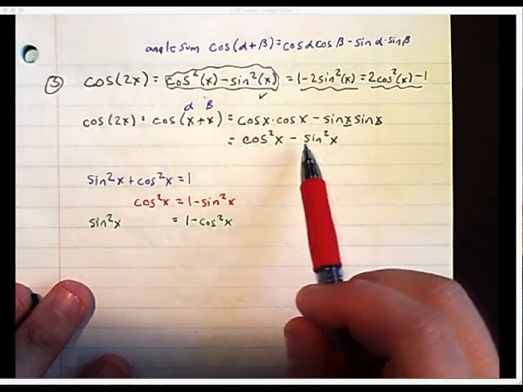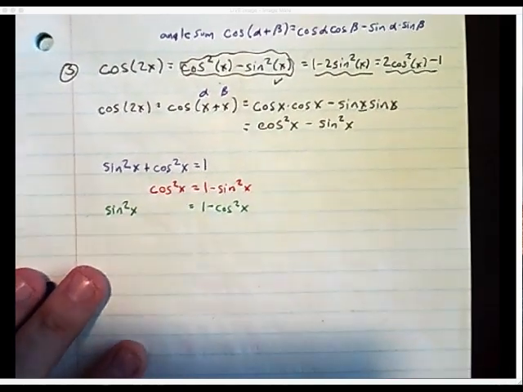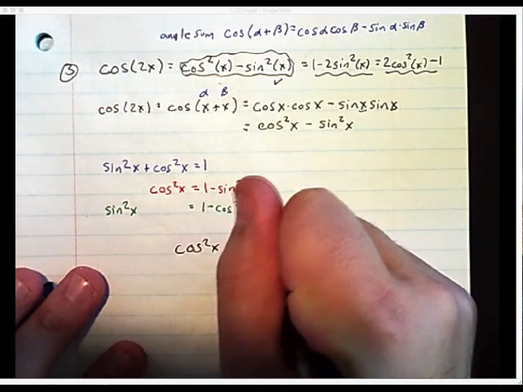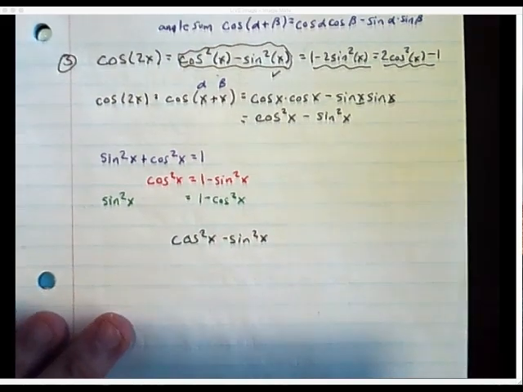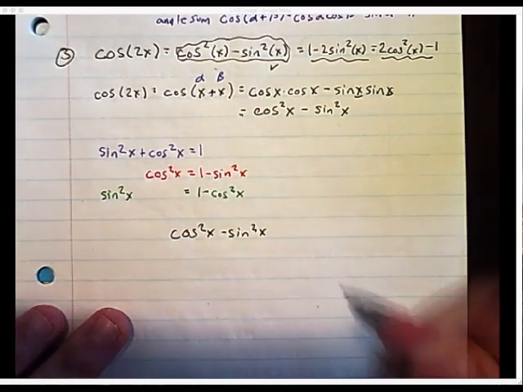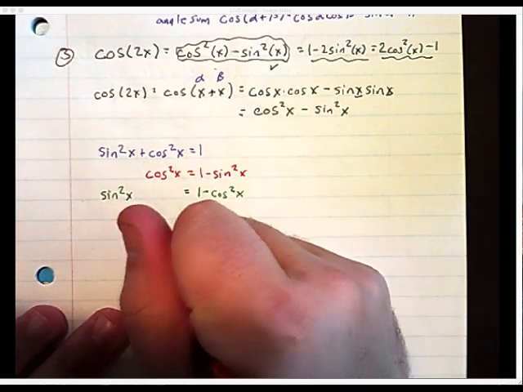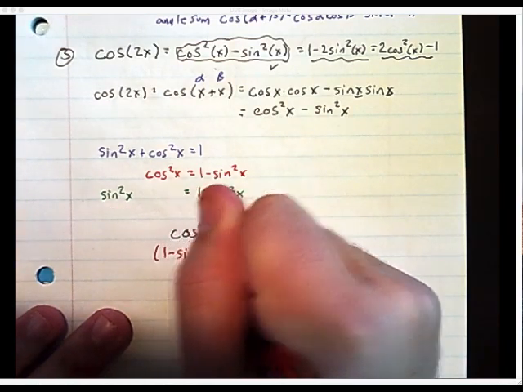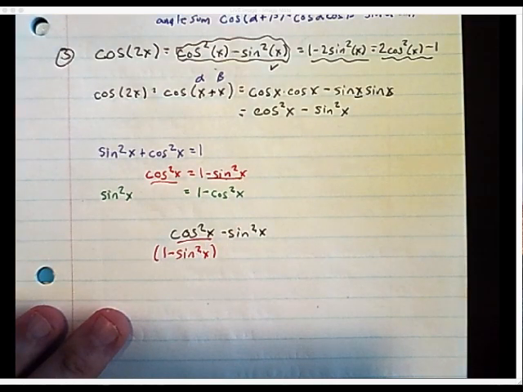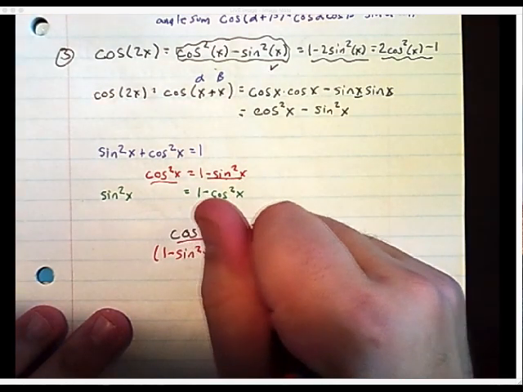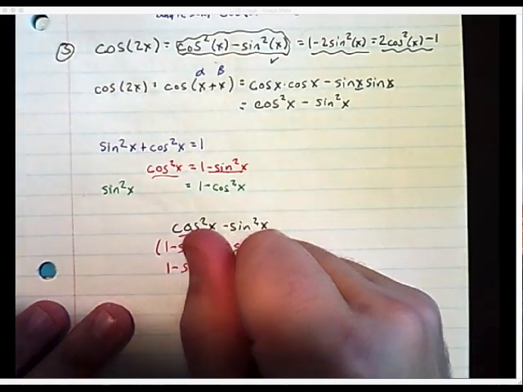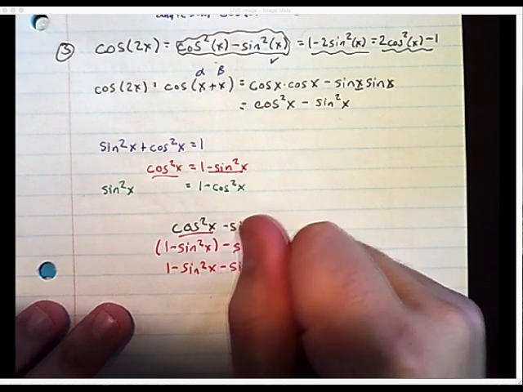Okay. So now, let me show you how we get to this one. I'm going to go from cosine squared of x minus sine squared of x, and I'm going to make a substitution. Every time I see cosine squared of x, I'm going to plug in 1 minus sine squared. So this is like 1 minus sine squared of x minus another sine squared of x.